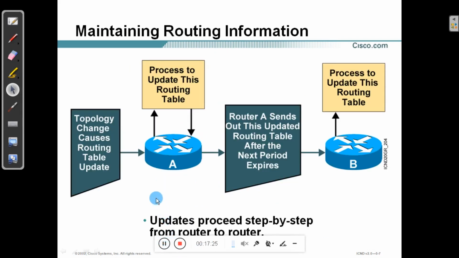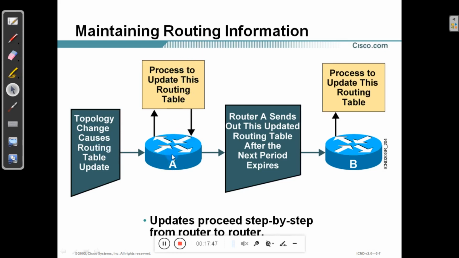In this diagram, you can see that a topology change causes a routing table update. As soon as a topology change occurs, that information will be received by this router. As soon as the router receives the information, it will process that update and update the routing table.